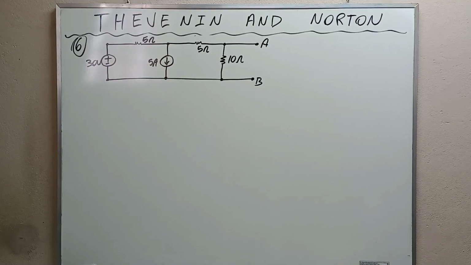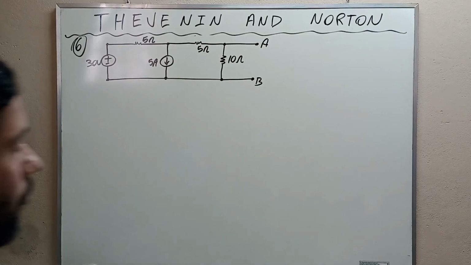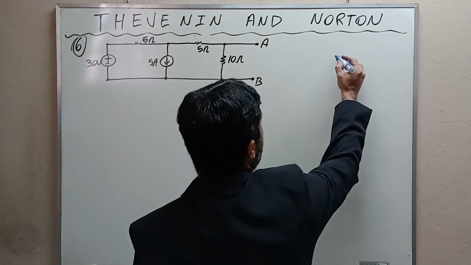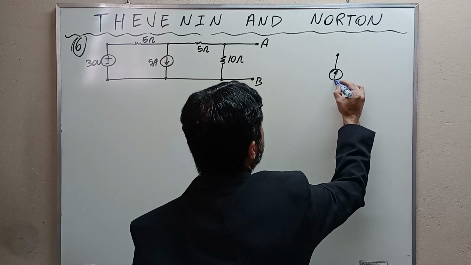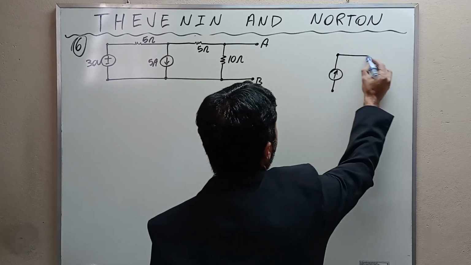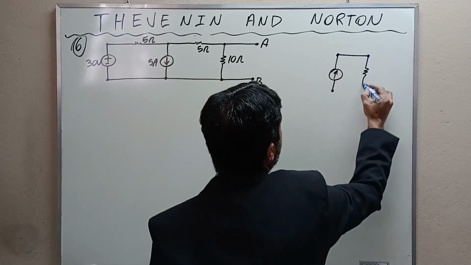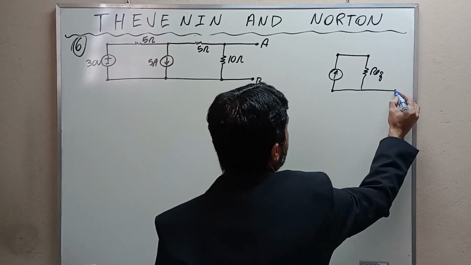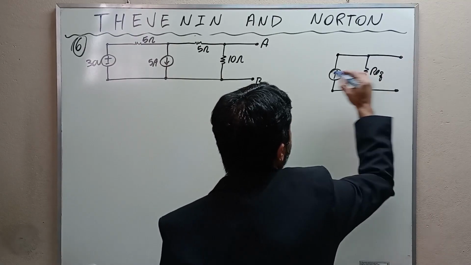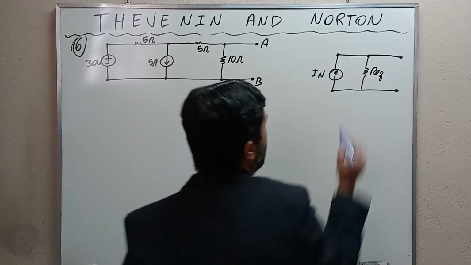Remember that the Norton equivalent circuit is composed of a current source in parallel with the equivalent resistance. Norton is different. Norton is composed of a current source with an equivalent resistance in parallel here. This is Norton.